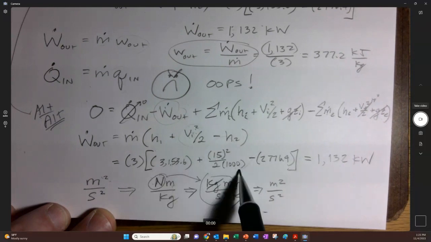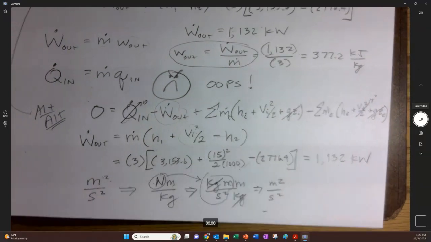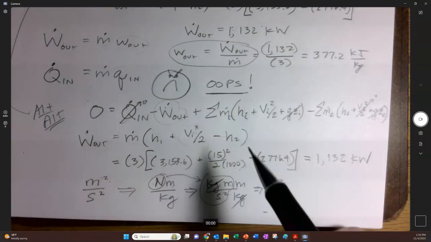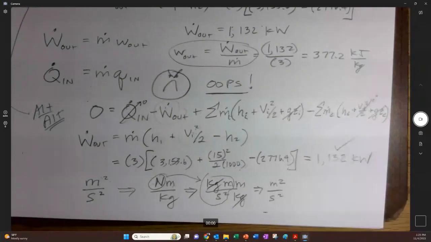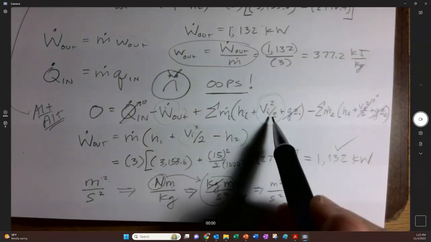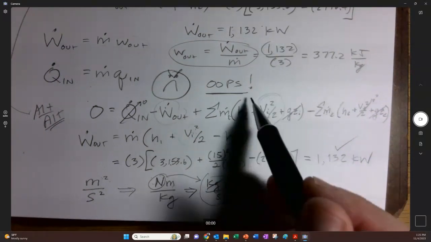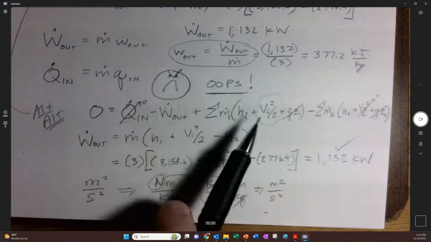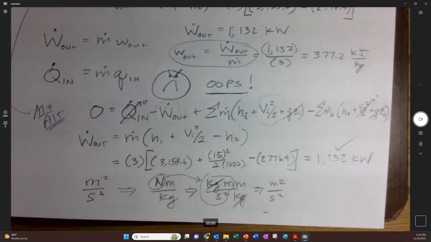So that's why we had to divide by 1,000. I hope I didn't make that too confusing. And sorry about my oops right in here. I totally forgot, but you could see that it didn't matter in my answer. The kinetic energy was really unimportant compared to the enthalpy. So that's why a lot of times it will be ignored.